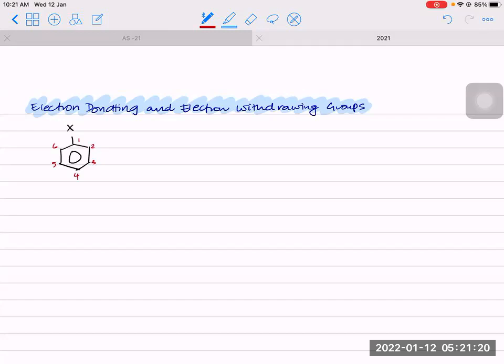Now, if the X, which is attached already on the benzene ring, is electron donating in nature, so if X is an electron donating group, it will direct the incoming group on position 2 and or 4.